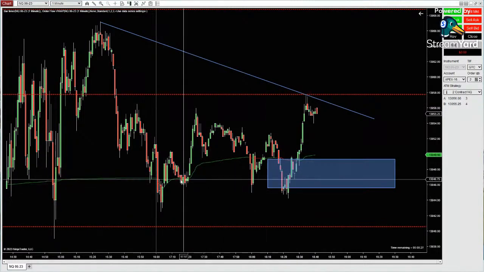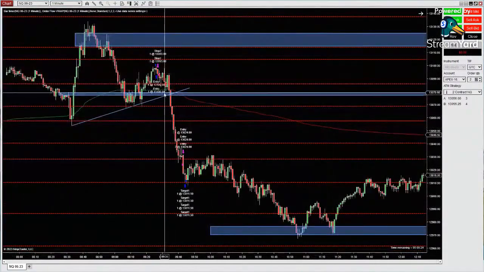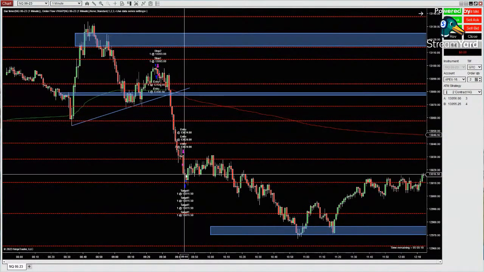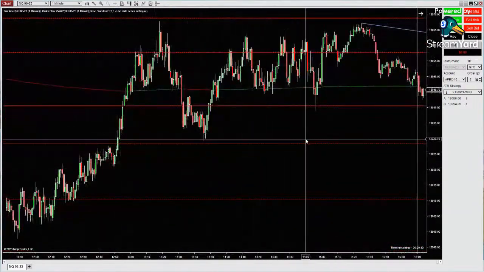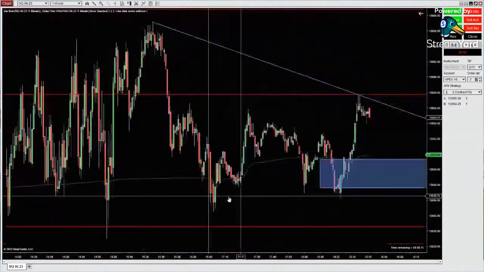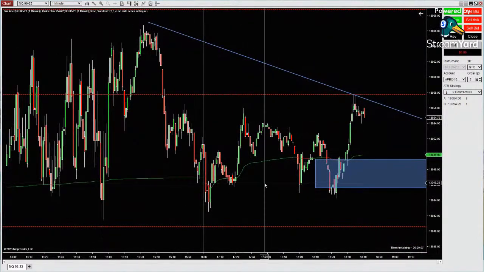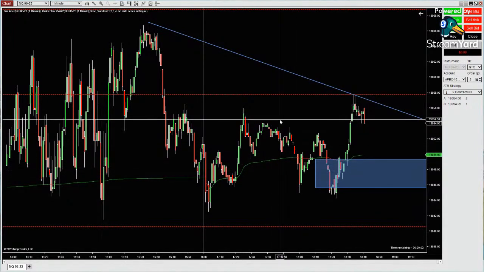So like this morning, we took that trade. The VWAP was here. So as it broke that, it was like a double confirmation that the market was gonna drop. So that's why I like to use that just for visualization, not so much to take trades off of the VWAP, just basically confirmation.